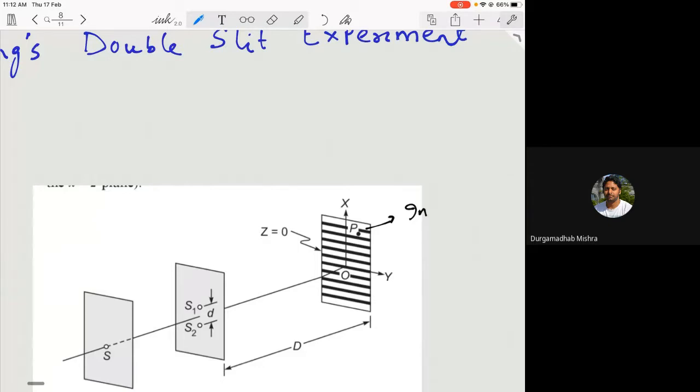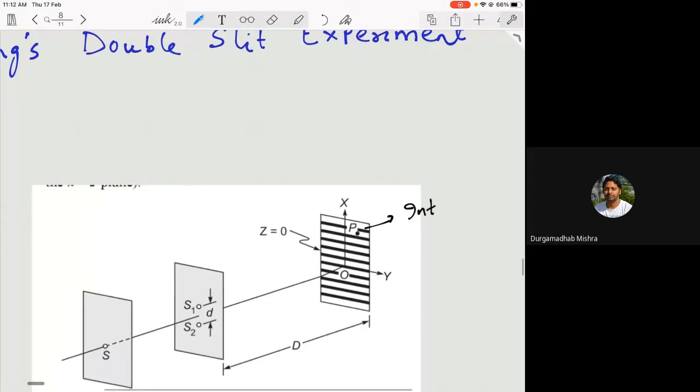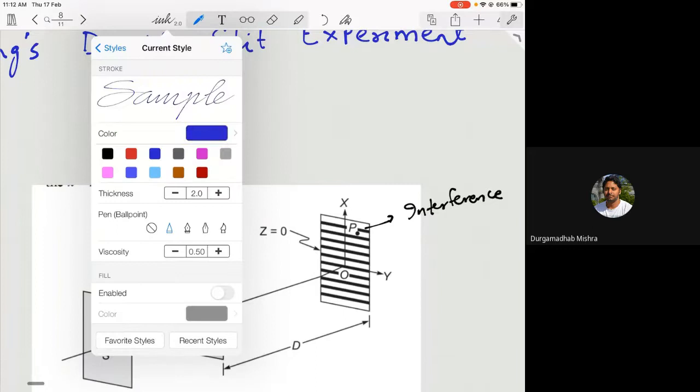So these dark and bright fringes, this pattern is known as the interference pattern. And so you have alternate dark and bright fringes, which we call constructive interference and destructive interference.